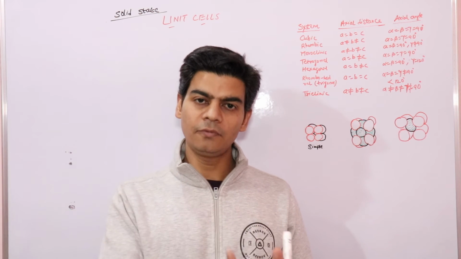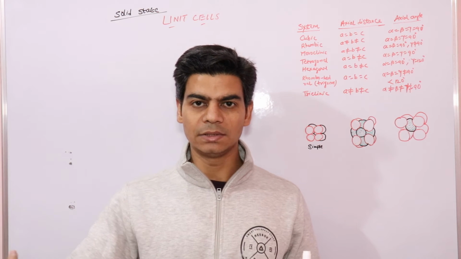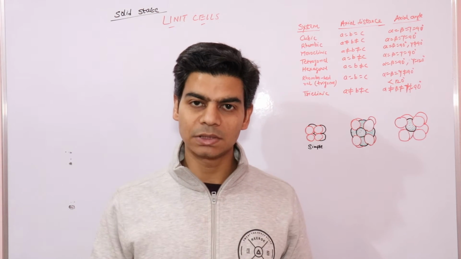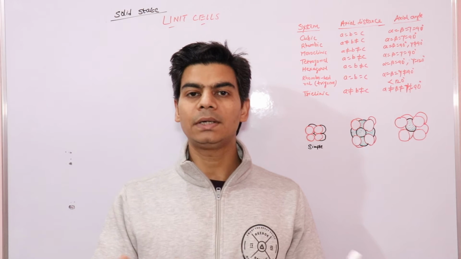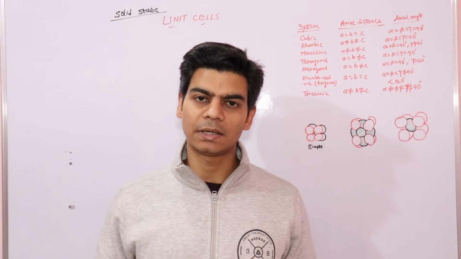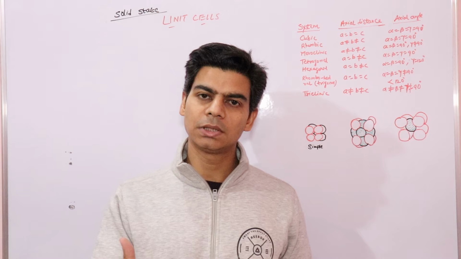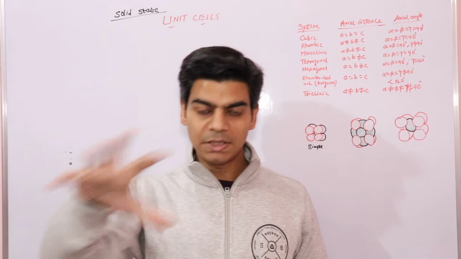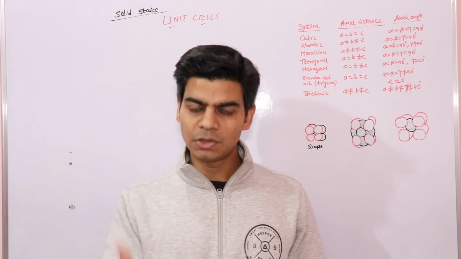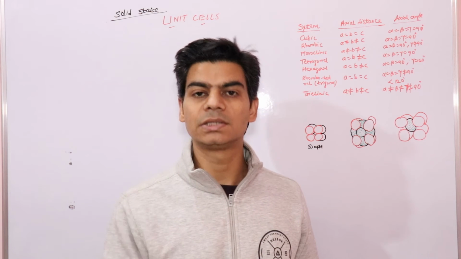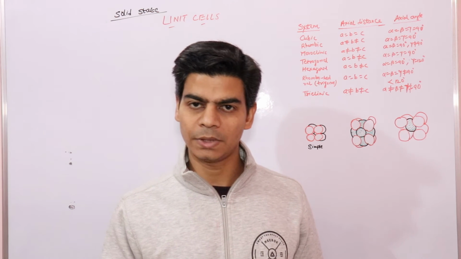If you repeat this unit cell in all directions in three dimensions, what you get is the complete crystal lattice. So the unit cell is an actual picture of the complete crystal lattice. It shows you basically how particles are arranged in the crystal lattice.